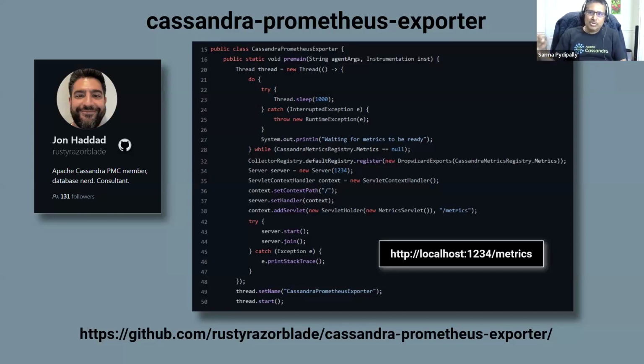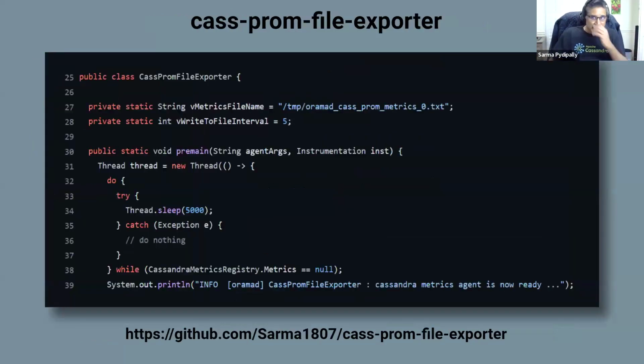But I took this code, which is basically just a very simple look at the Cassandra metrics registry or Dropwizard metrics registry and publishes those metrics as a Prometheus endpoint. So I took that source code, the code written by John, and as I mentioned, I don't write Java code, but here is an exception.